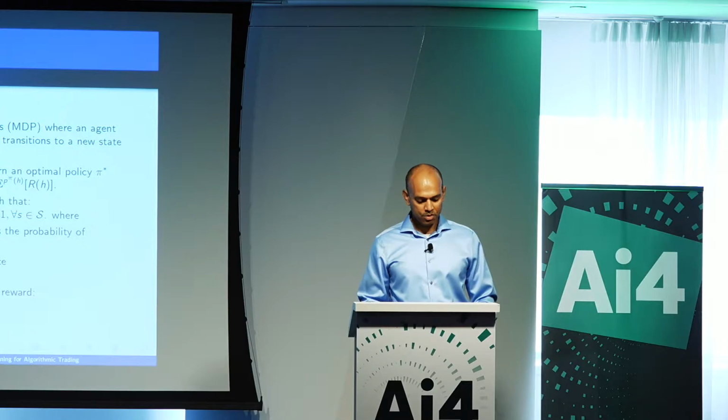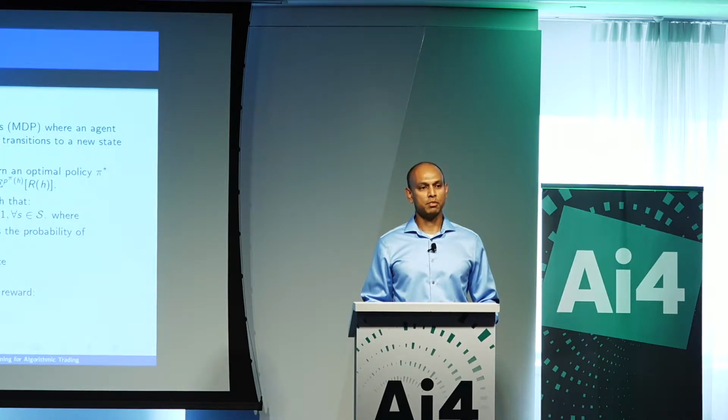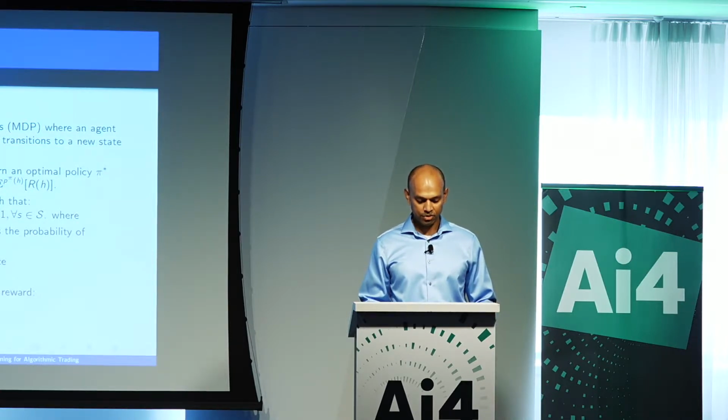And so this transition probability, according to some policy, is what this equation says. You take the probability of being in the original state times the transition probability of moving to the next state, given that you take an action, and the policy pi is what determines the actions that you take in particular states. We refer to that whole sequence of states and actions as a trajectory h.